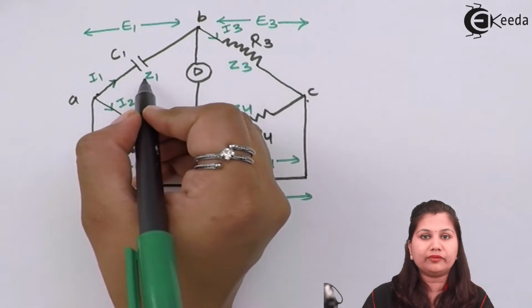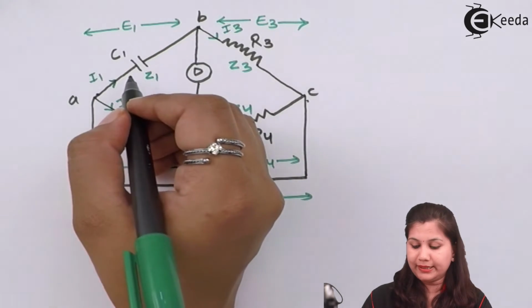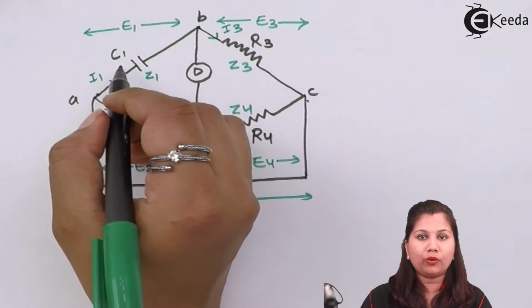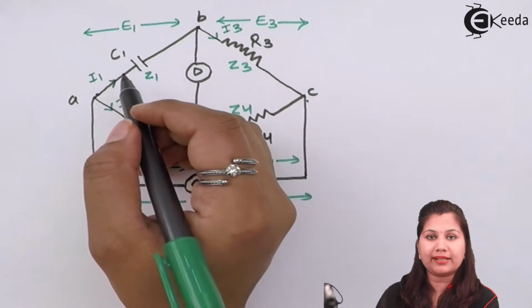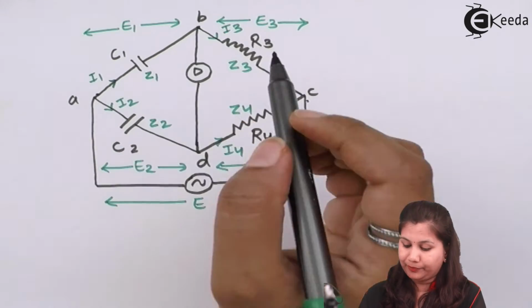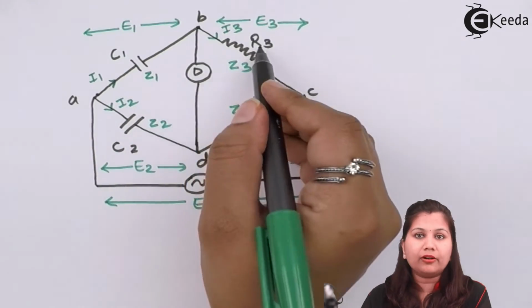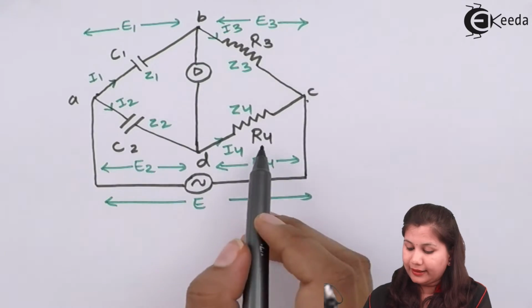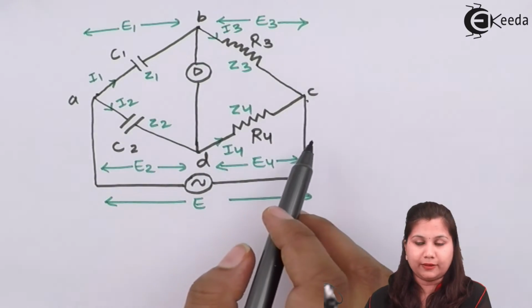So here Z1, which is the unknown impedance, is the capacitor C1, and we want to find out the capacitance of this capacitor. Now Z3 is a resistor, Z2 is a standard capacitor and Z4 is a resistor.